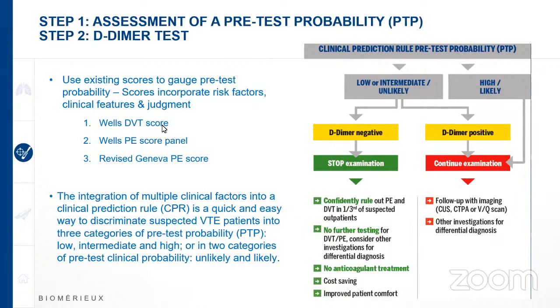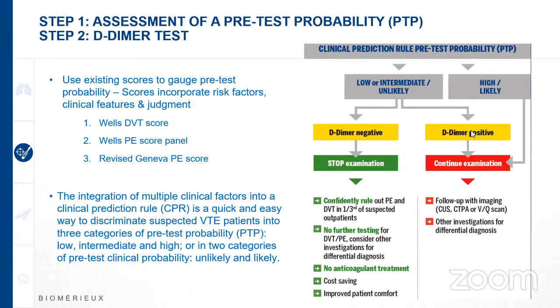So once you score the patient using any of the scores, you will get high probability, or highly likely, low, or intermediate probabilities. Now, if you're highly likely to have venous thromboembolism, you actually don't necessarily need your D-dimer because it means the score was quite accurate in saying this patient is most likely having a venous thromboembolism.